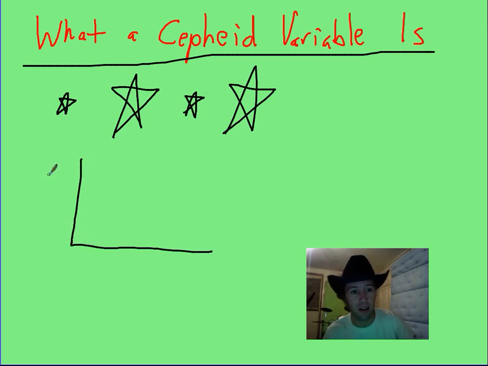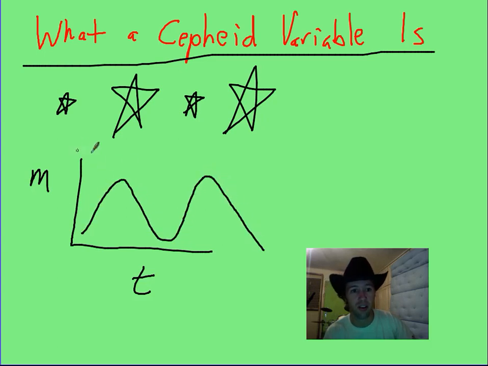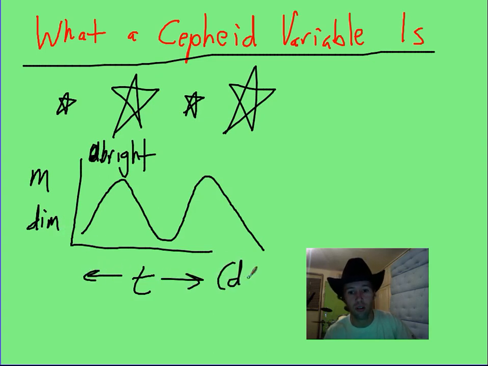And if they made a graph of the apparent magnitude versus time, they would see it doing something like this. With up here, it is bright, and then down here, it was dim. And this was happening over the course of days, maybe anywhere from a week to a couple months.